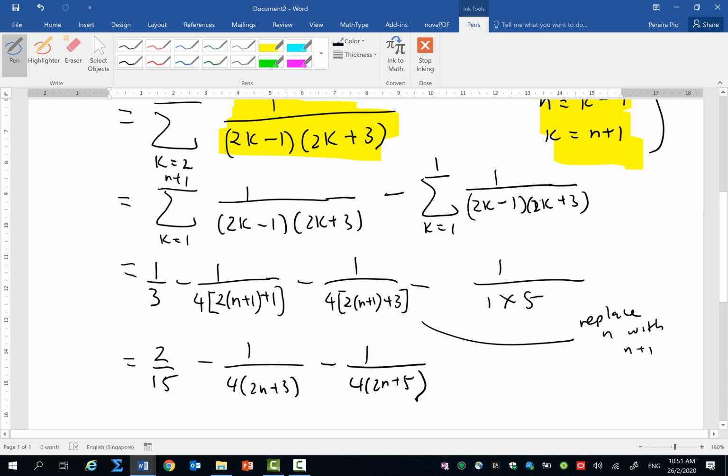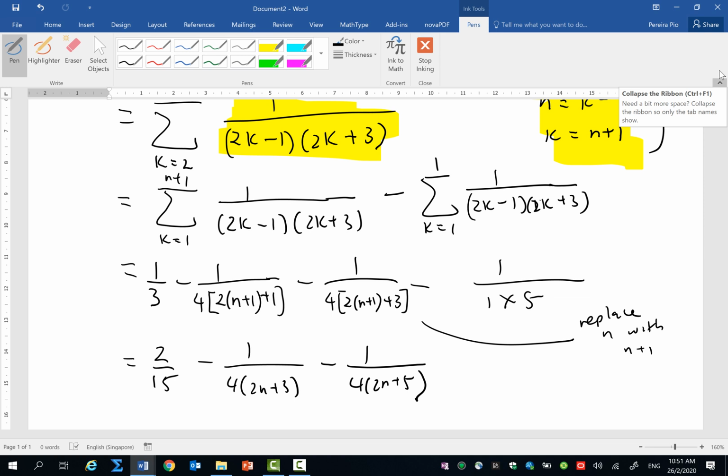You won't get this immediately. You need to go back and do some thinking, and then we need to discuss with the tutor. Two over 15 comes from 1/3 minus 1 over 5.